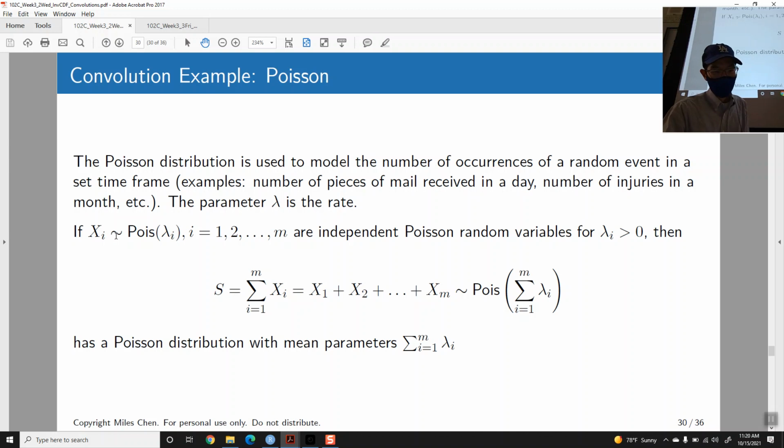If x itself is Poisson, the sum of several x values is also Poisson, okay? So if we say the number of pieces of mail we expect in a given day is Poisson with lambda equal to 3, on average we expect 3 pieces of mail a day.